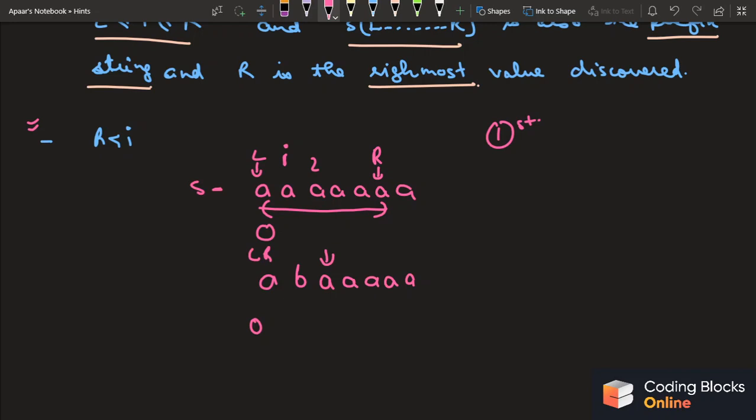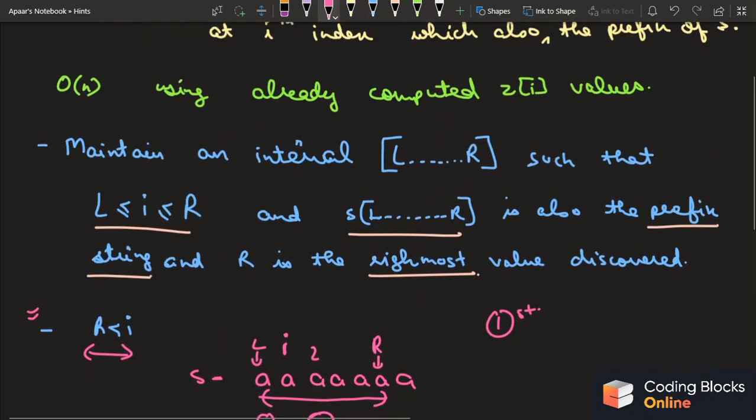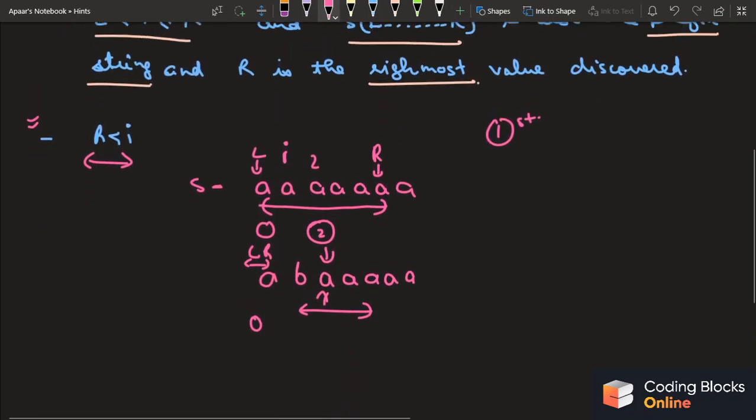Now we have the second condition, that for index 2, L to R lies somewhere behind that index. This index is not in the L to R interval that I have already explained over here. I hope you got both the cases.